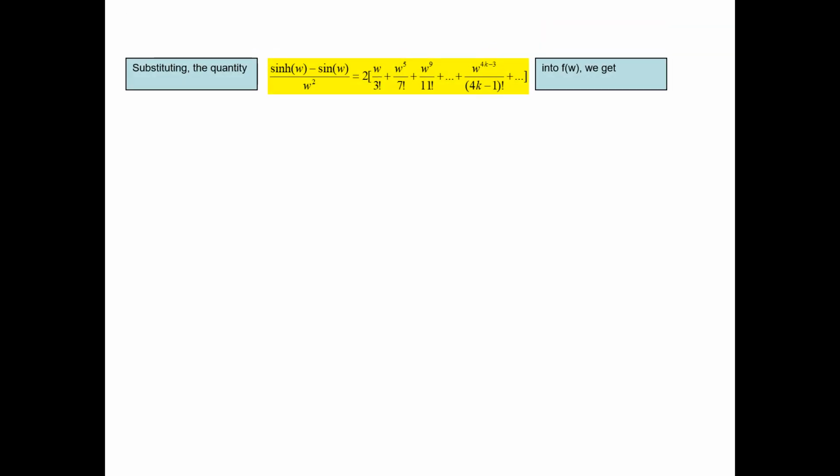Now we will substitute this quantity, sinh w minus sin w over w squared, into f of w. We will obtain f of w equal 1.7 plus 32.17 multiplied by this quantity inside the bracket. Don't forget, our objective is to find the lower bound b and the upper bound a of the interval.